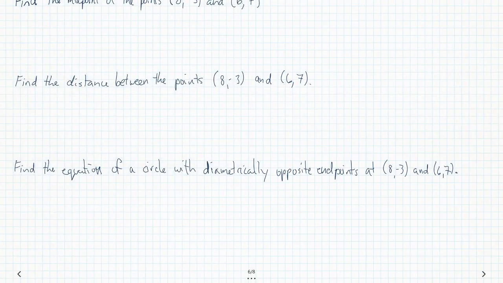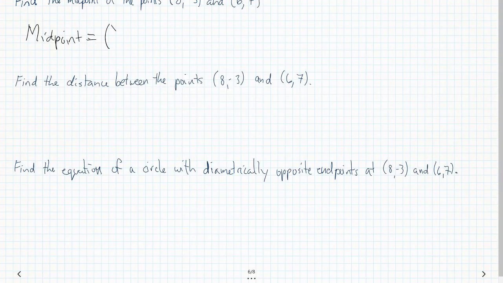Okay. So now we're moving into some other material. We want to start finding midpoints and things along those lines. So find the midpoint of the points 8, negative 3, and 6, 7. If we have 8, negative 3, how do we find the midpoint? Well, the midpoint formula goes x1 plus x2 over 2, and then y1 plus y2 all over 2.